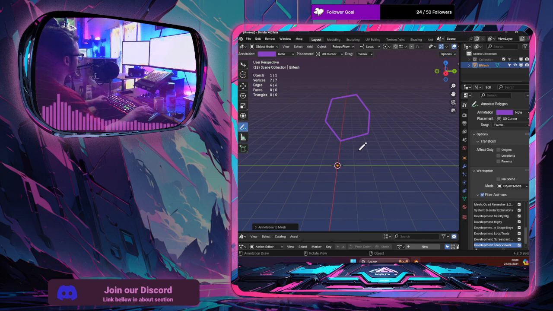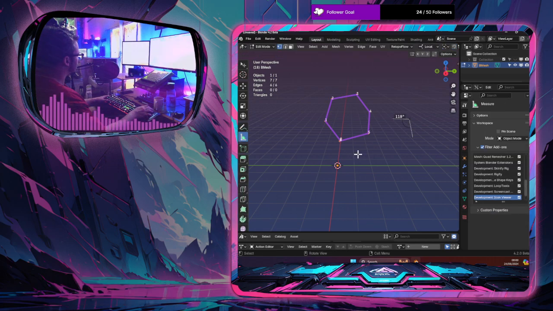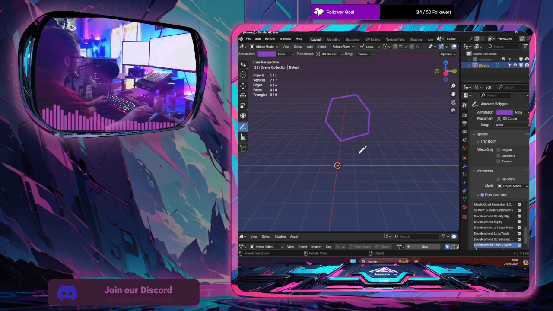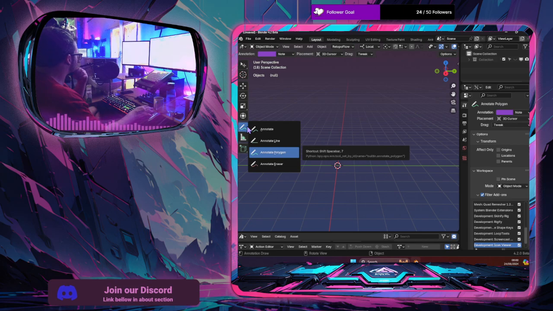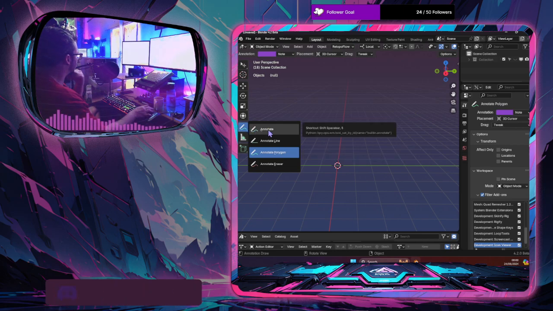That's good. So it does work with this as well. Okay. What's the other one? Ah, that's just the eraser.